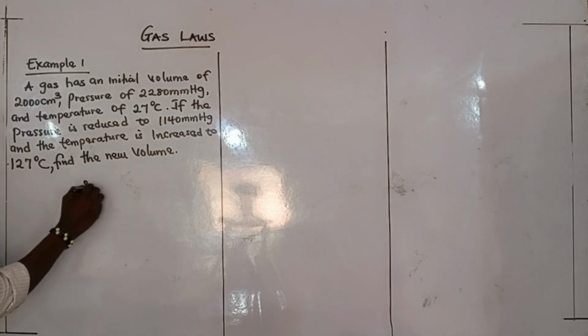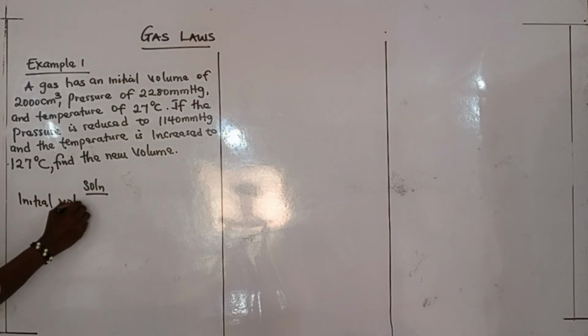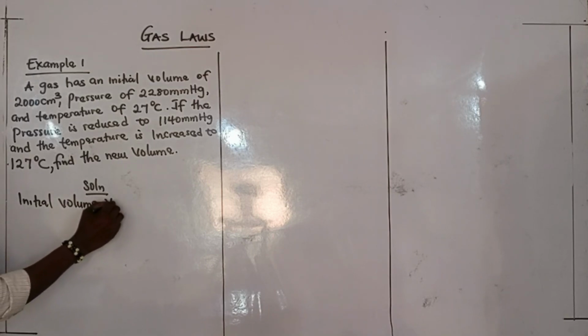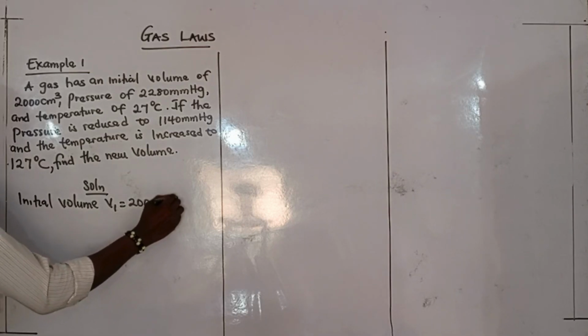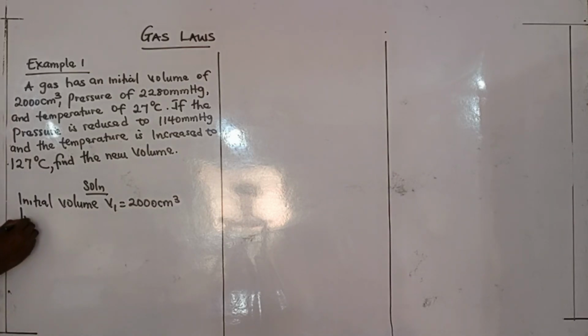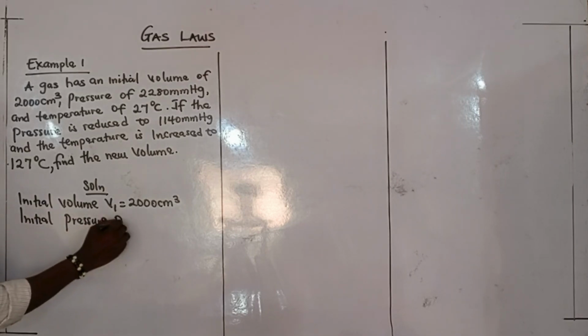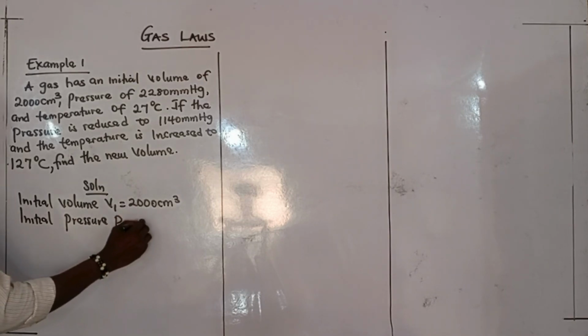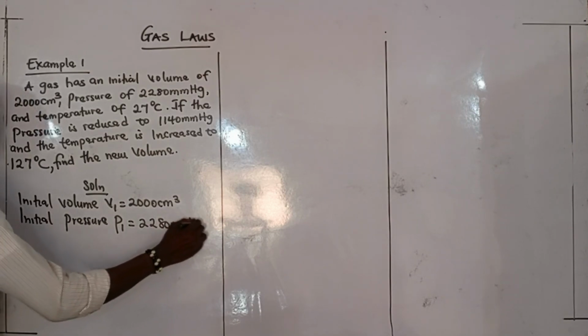So if we are to look at this, we have to collect the necessary things. We have our initial volume, which is V1 equal to 2000 cm³. We have our initial pressure, which is P1 equal to 2280 mmHg.